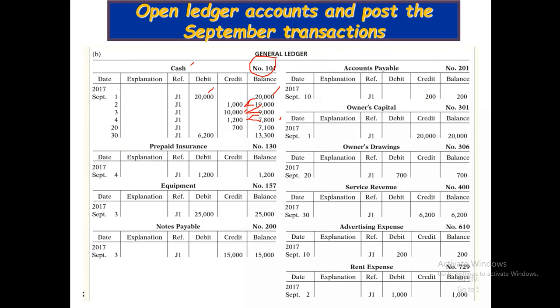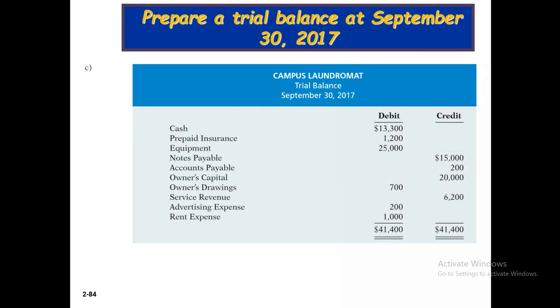So this one subtracted, 7,000, you are getting this figure, and this must be added with this figure, and we are getting this figure 30,300. This is our closing cash. In such a way we will prepare prepaid insurance, equipment, notes payable, accounts payable, owner's capital, owner's drawing, service revenue, advertising expense, and rent expense. And by using these general ledger balances, we will prepare the trial balance.